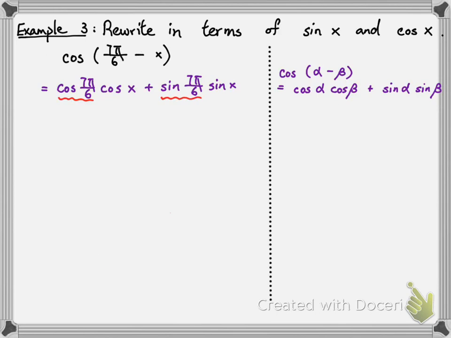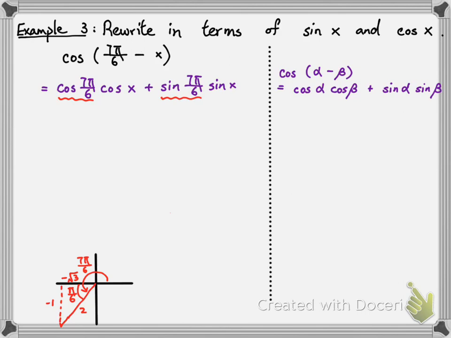As we sketch 7 pi over 6, we will have the reference angle of pi over 6. The side facing pi over 6 would be 1, hypotenuse 2, remaining side square root of 3. Now let's check the sign. Yes, both the x value and y value would be negative.